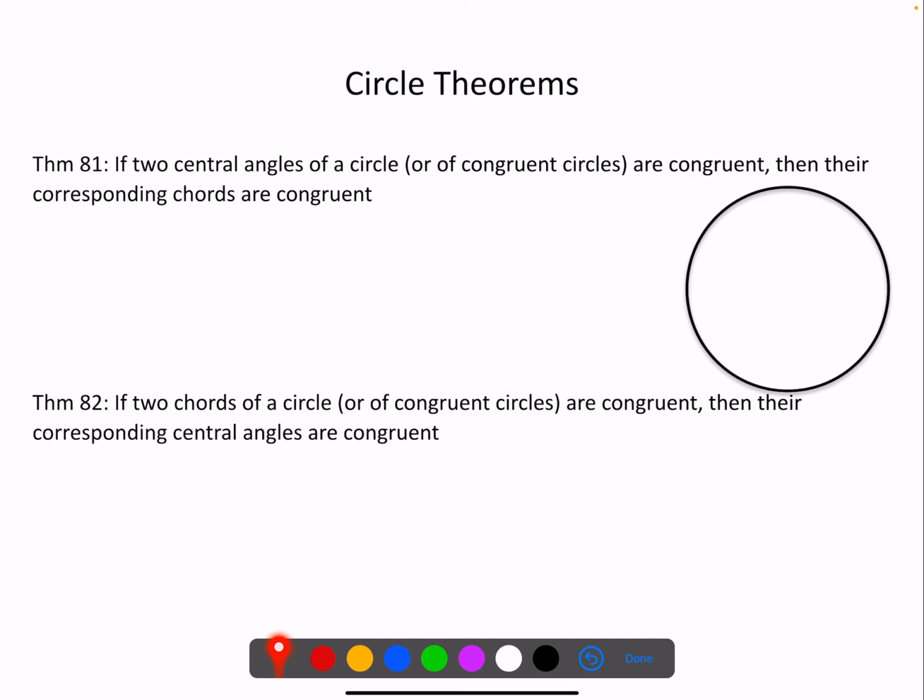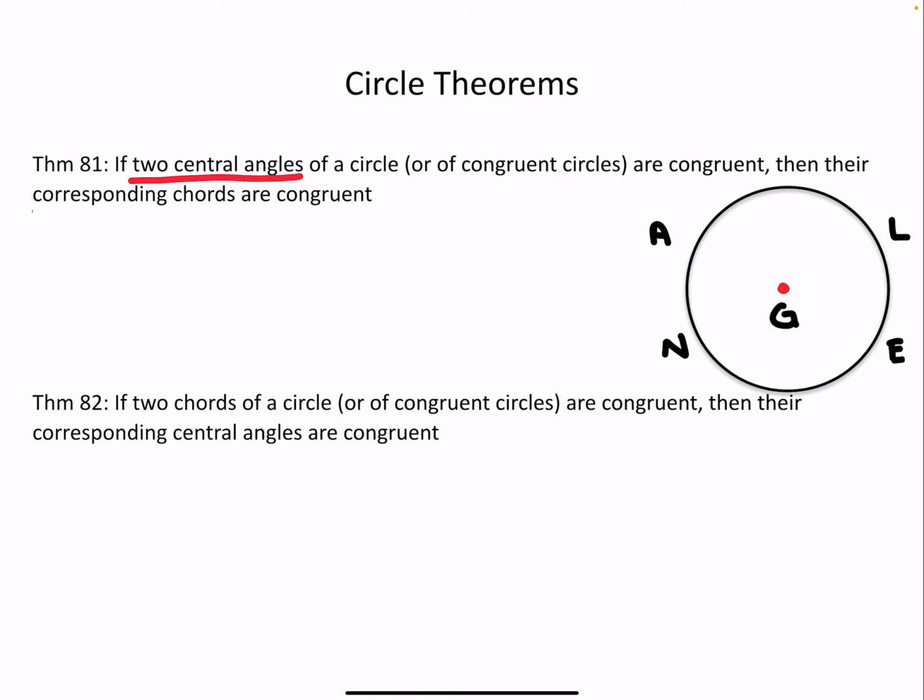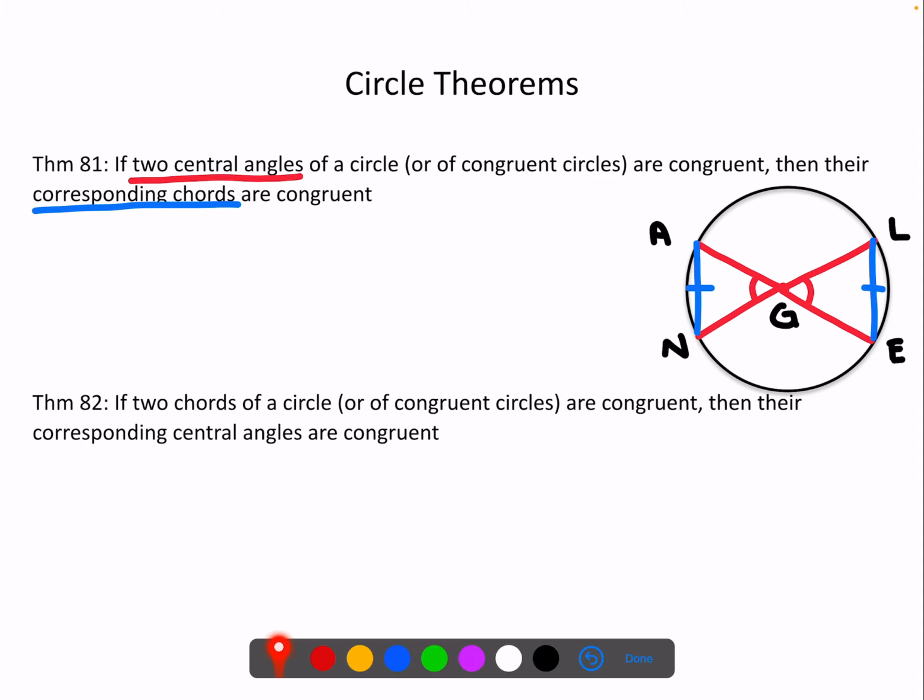Very similar. It says if 2 central angles of a circle are congruent, or of congruent circles, then their corresponding chords are congruent. So now if we have 2 angles in the center of our circle that are congruent, let's go ahead and draw those. I have angle AGN and angle LGE.